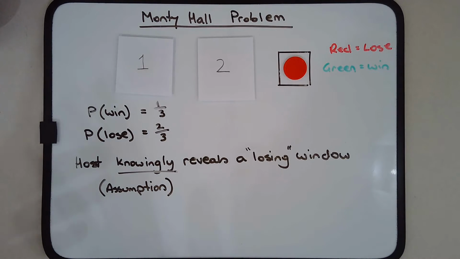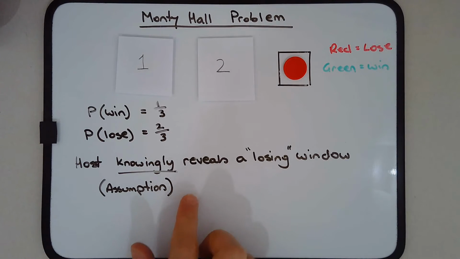What decision should I make as a contestant to maximize my chance of winning the grand prize? Now, there is an assumption here, and I'm going to state it: the host knowingly reveals a losing window. I know there's lots of theories on the Monty Hall problem, and heaps of videos out there.